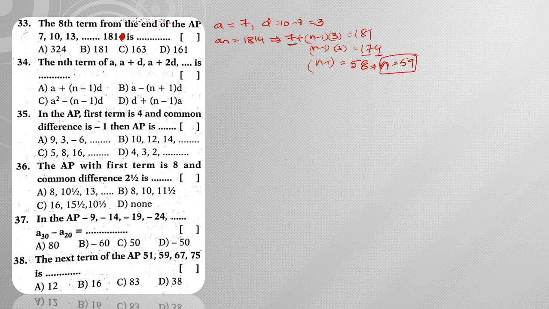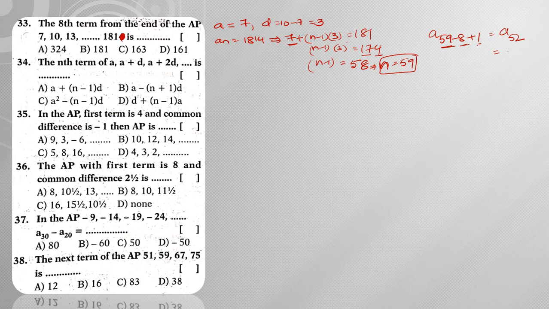So the eighth term from the end means the 59 minus 8 plus 1th term from the beginning. So 59 plus 1 is 60, 60 minus 8 is 52. So that means the 52nd term will be my 8th term from the end.